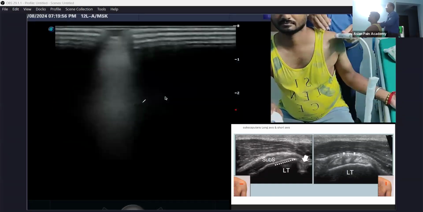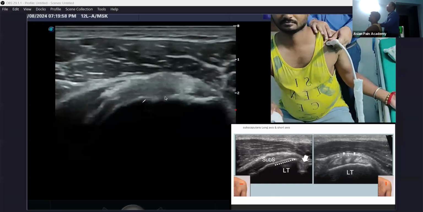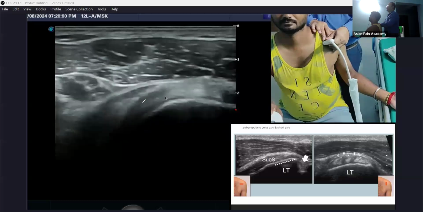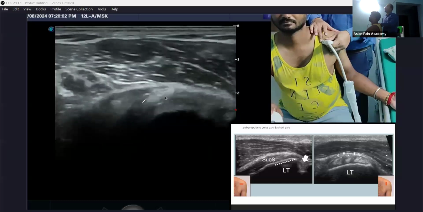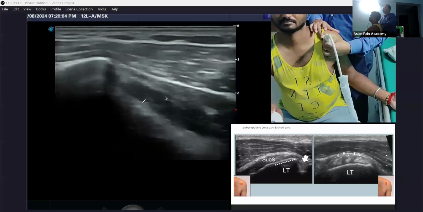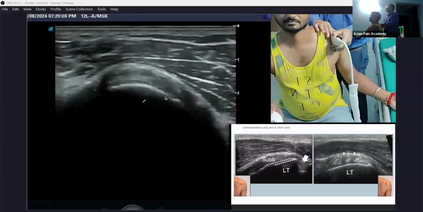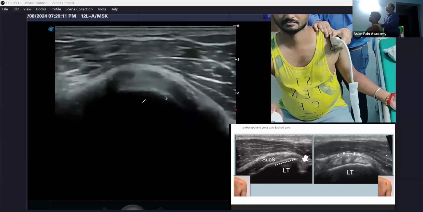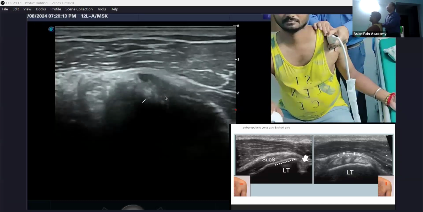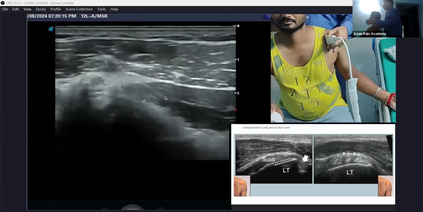So this black white area is there. If I make it a short axis view, then what will we see? I will make it a bit deeper.